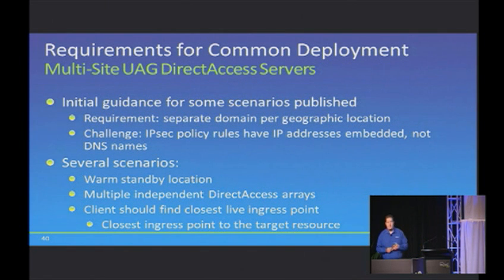Then the second question is how you're doing the multi-site arrays, for example. Well, that depends on how your network is deployed. What are the locations, for example? Maybe you want to use the same approach that you are at the moment using with the VPNs. So you're setting up different UAG arrays in different locations, for example.